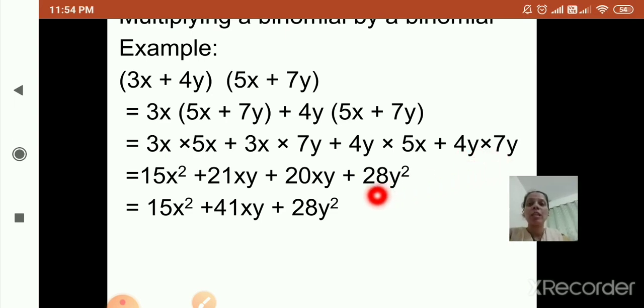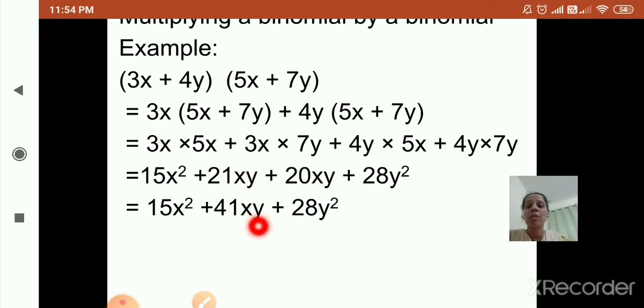So 28y square. Now the next step is what? 15x square we have written as it is. Now see here, 21xy plus 20xy, these are like terms, so we can add them. 20 plus 21 is 41, and the variables xy we write as it is.